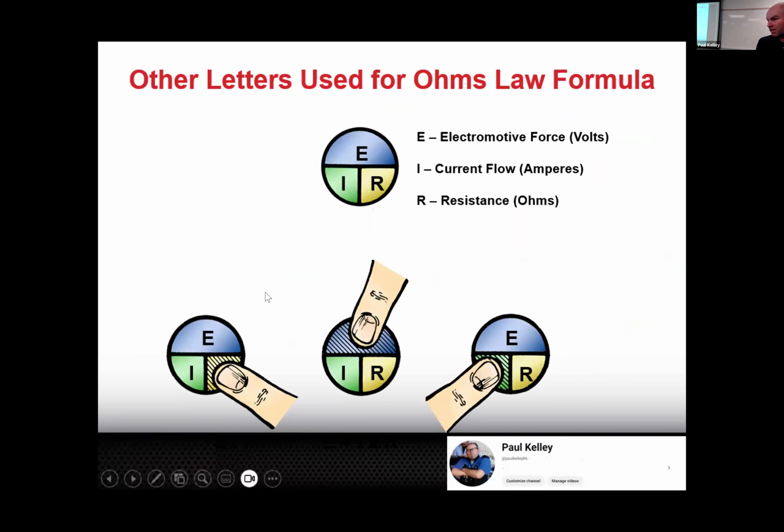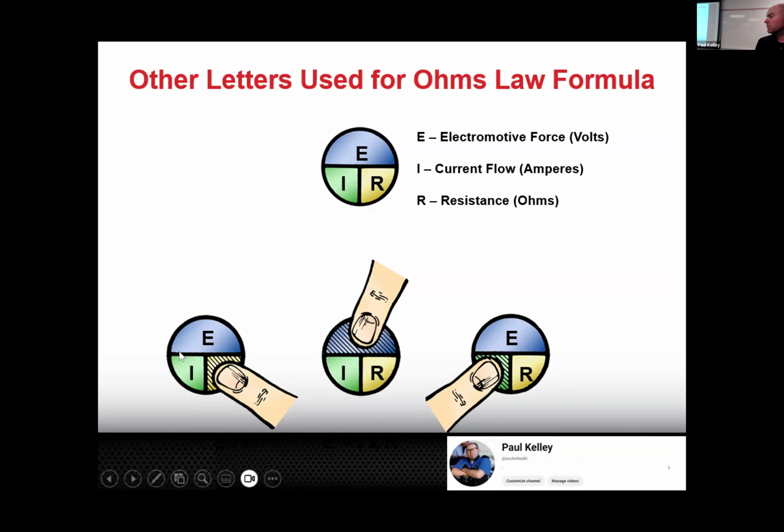Remember I told you they can switch it from V to E. But if you know the thing that you don't have, you just cover it up. So let's say you don't have the R. You cover up the R, and you have E over I. So that's E divided by I. It's just volts divided by amps.